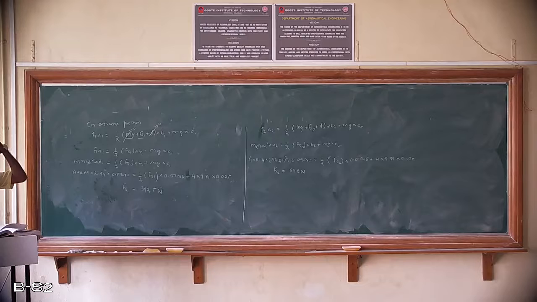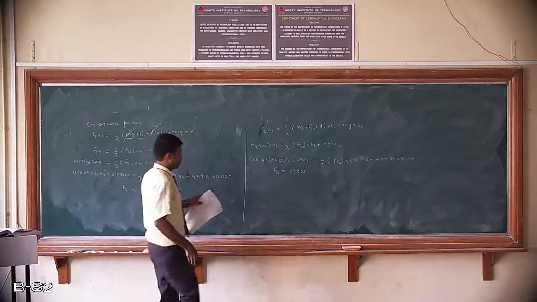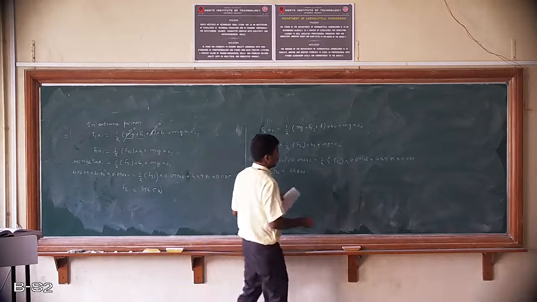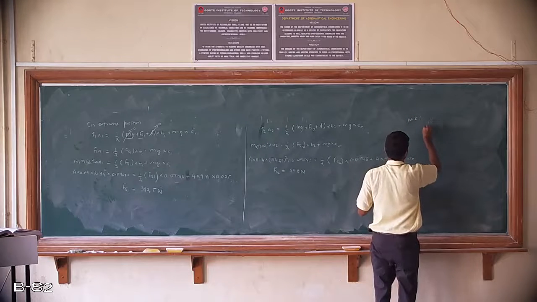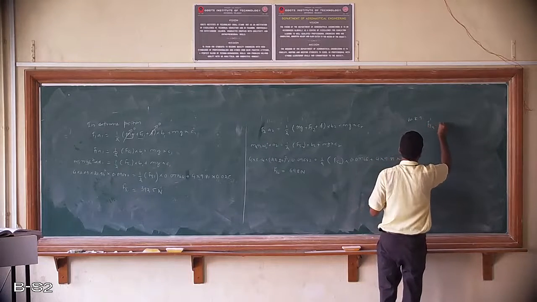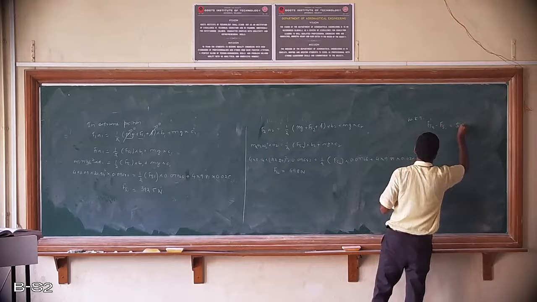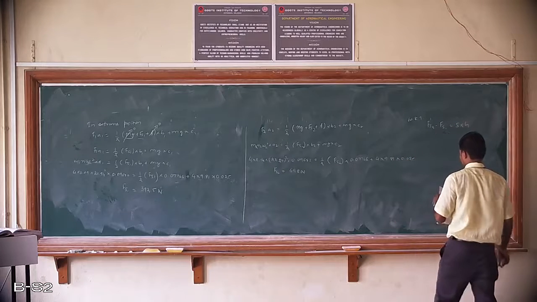The next thing is we can find out the spring stiffness. We know from the derivation that Fs2 minus Fs1 can be written as S into h. We have seen that in the derivation.